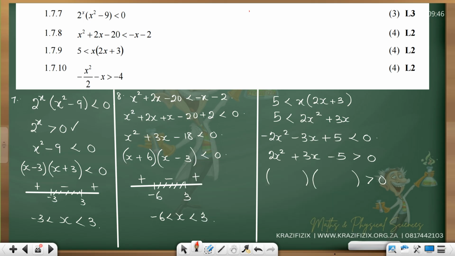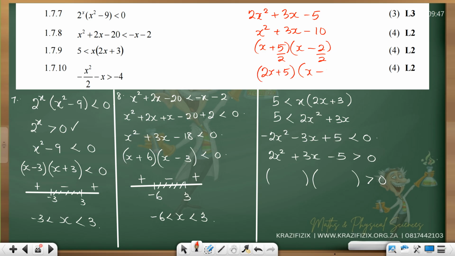Remember, we did all of this. 2x squared plus 3x minus 5. We rewrite this as minus 10. I think 5 and 2 should work. Yep. But we then divide by 2, divide by 2. 2x plus 5 and x minus 1.